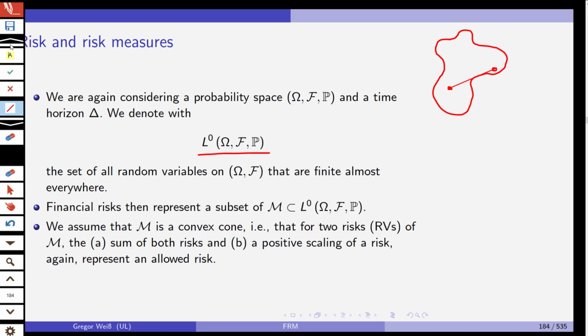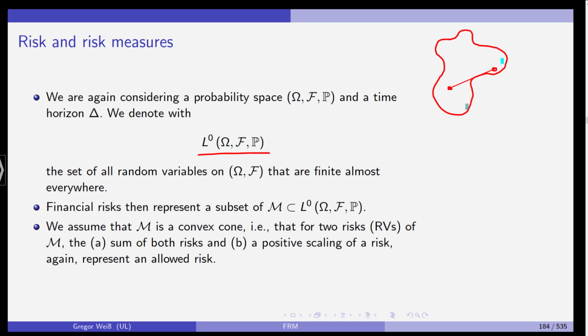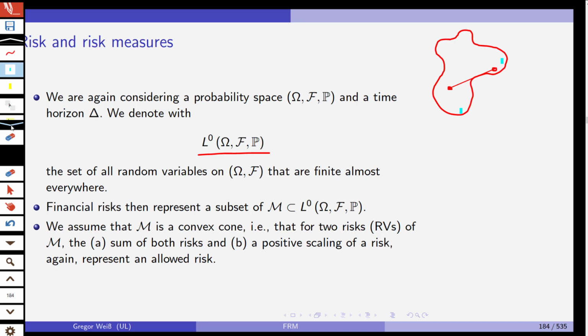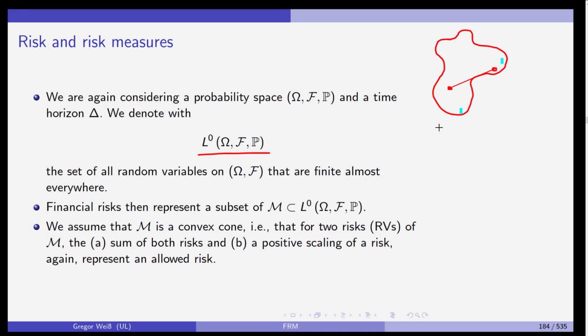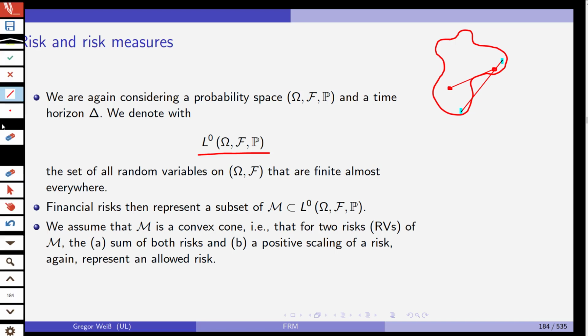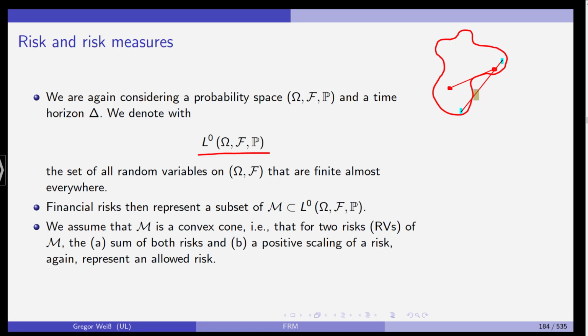If we have two points like this, you would see that, for example, a direct line between the two would not be in the set, because in this area, the line leaves this set.